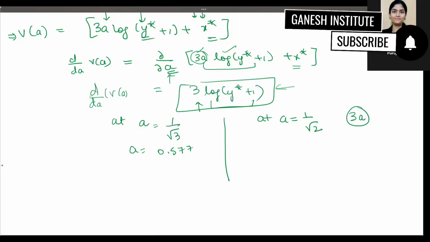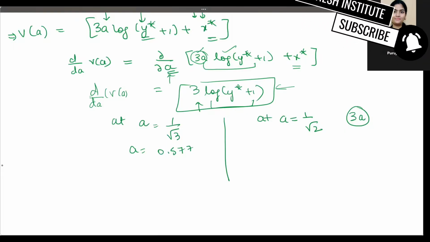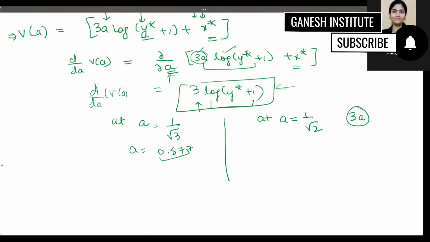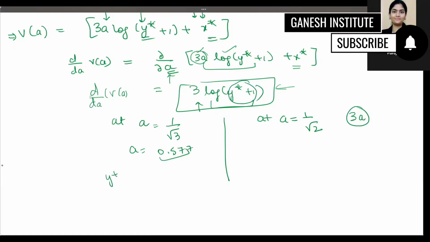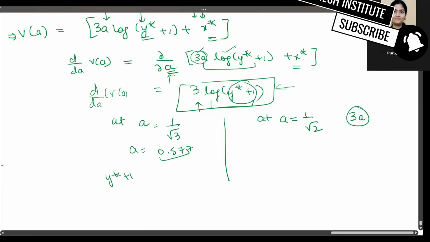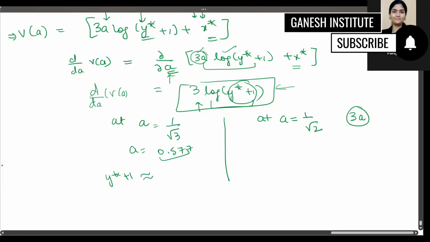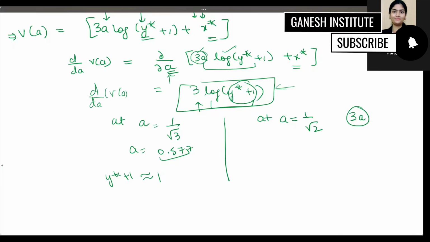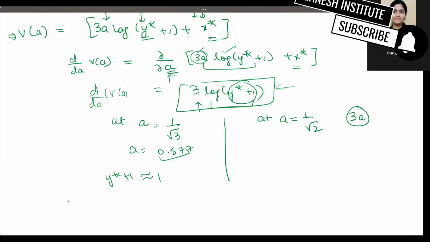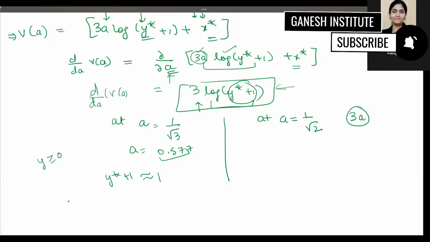And if you see 0.577, this y star plus 1 is almost tending to 1, right? Because y's value is greater than or equal to 0.